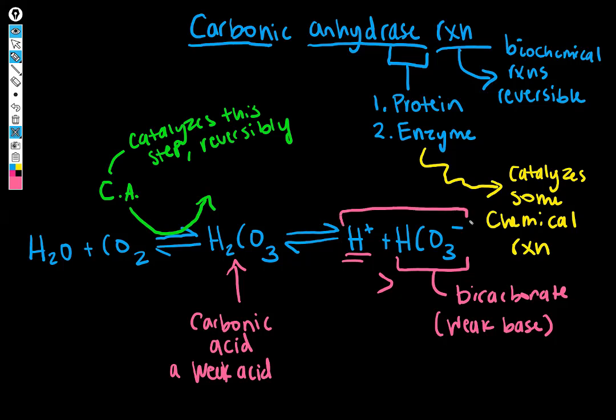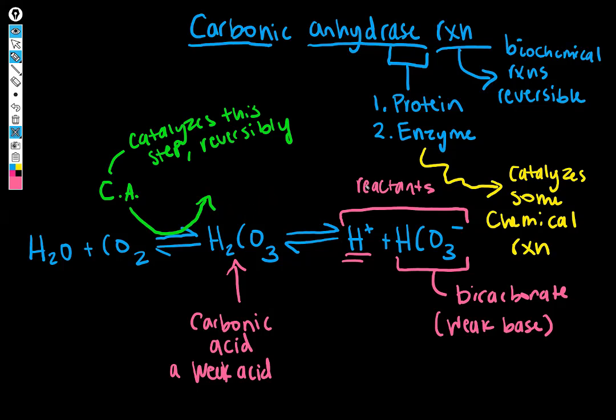So if a solution has a higher concentration of protons separately from bicarbonate, which we're going to say are the reactants, if it has more of those than the product, the net direction of the reaction is going to shift towards formation of the product.